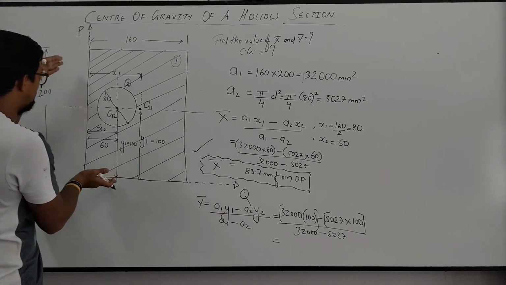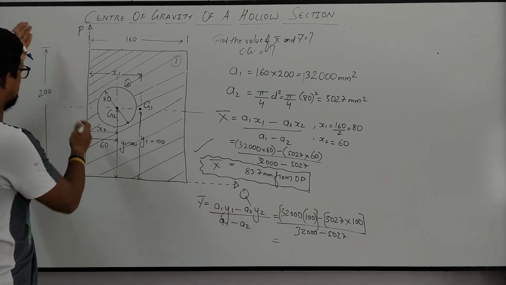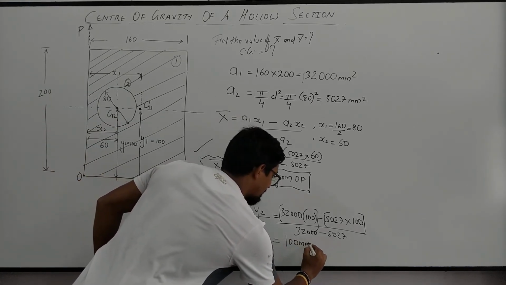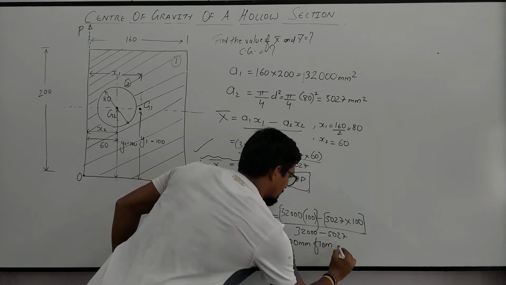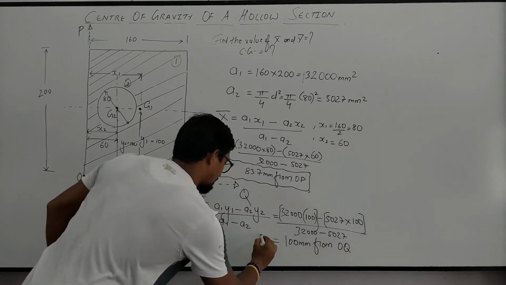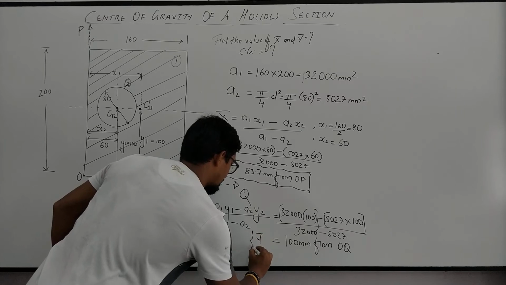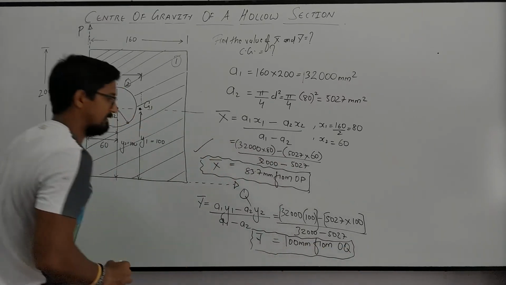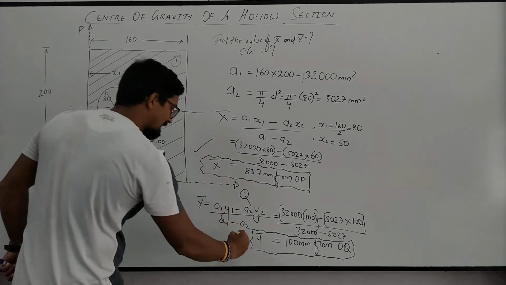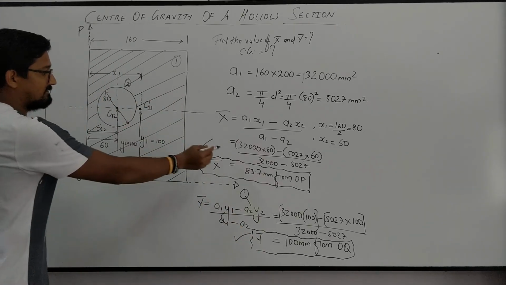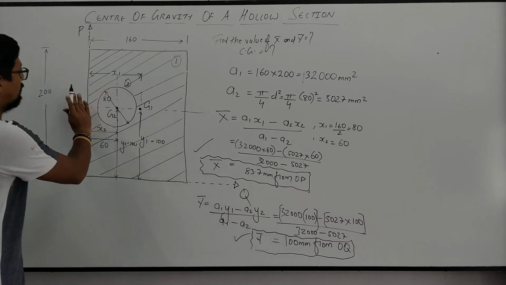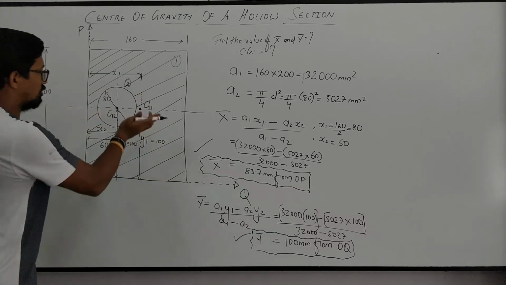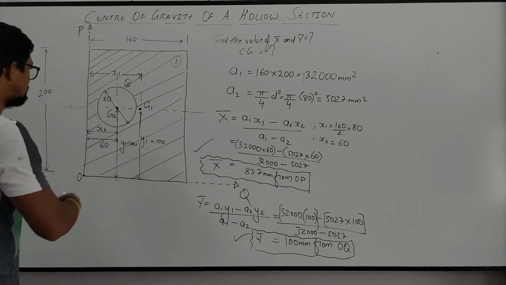So the y bar value will automatically come to 100, that is 100 mm from OQ, Y bar. So we got the value of X bar and Y bar. X bar is coming out to be 83.7 mm from OP and Y bar is coming out to be 100 mm from OQ, correct? So we got our answer.